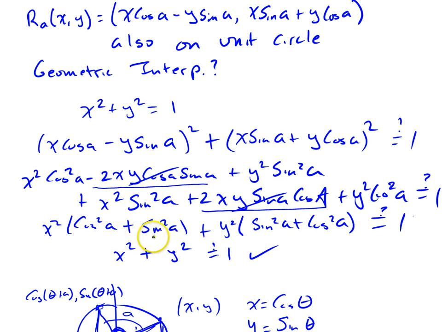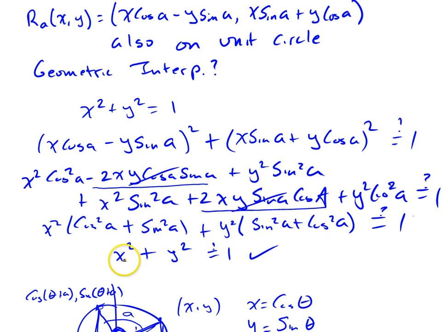So that's a cos squared a plus sine squared a. Likewise, I've got a y squared sine squared a and a y squared cos squared a. Factor out the y squared. So that's what I get here. But cos squared a plus sine squared a is equal to 1. So I just end up with an x squared times 1, that's this one, and a y squared times 1, that's that one, and they're added together.